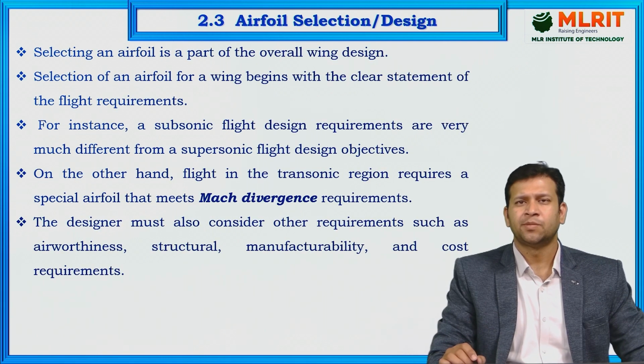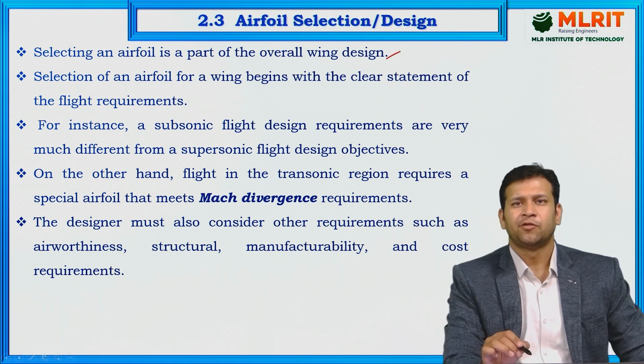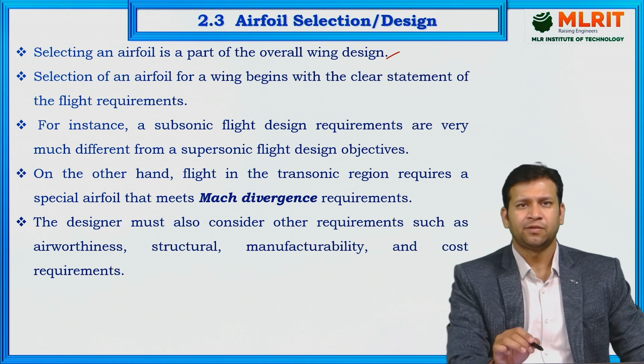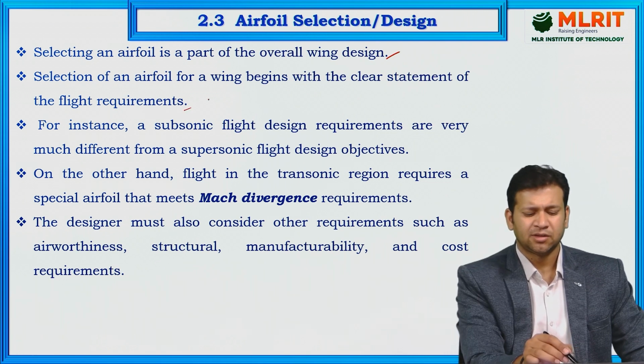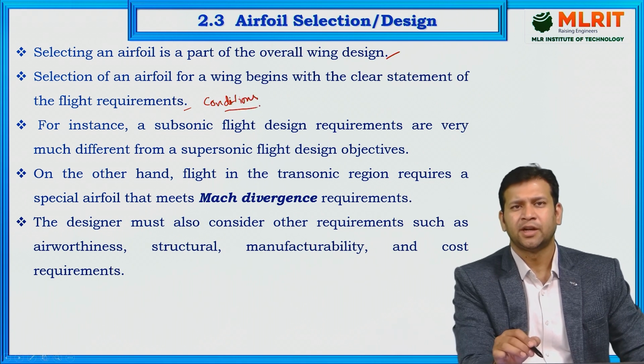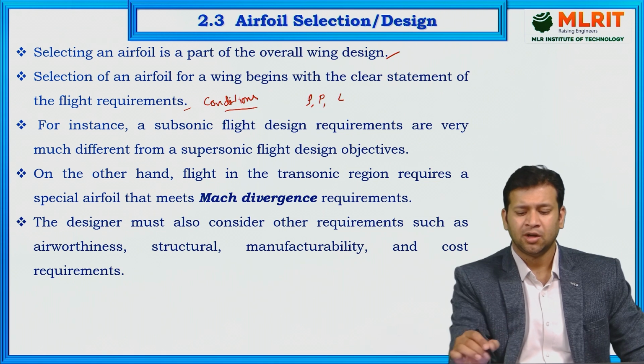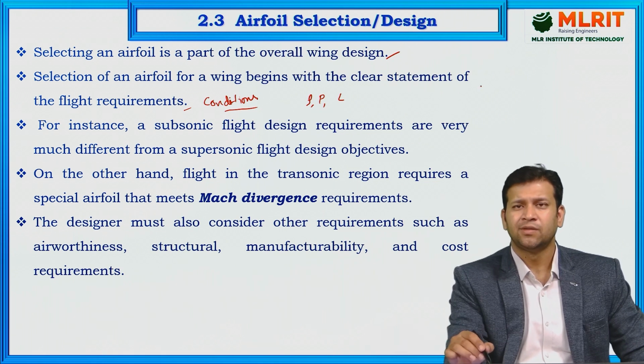Selecting an airfoil is a part of the overall wing design. And selection of an airfoil for a wing begins with a clear statement of flight requirements. This is nothing but the conditions: how much lift the aircraft should have, at what altitude it will be cruising, what the density and pressure will be there, and what the CL will be there, because overall it will affect the steady level flight conditions.